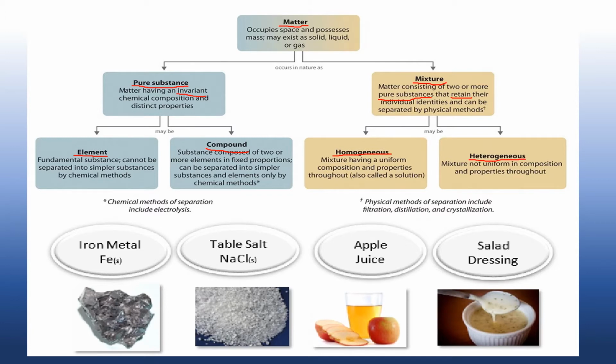The main difference between the two is their phase. Homogeneous mixtures have a single phase, while heterogeneous mixtures have more than one phase, which means that in homogeneous mixtures, you can only see a single entity or one part, while in heterogeneous mixtures, you can see multiple parts or multiple components in it.